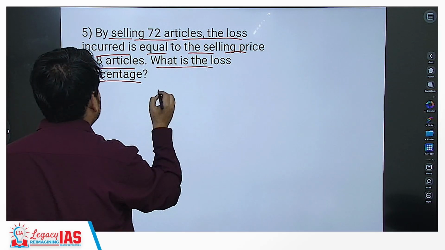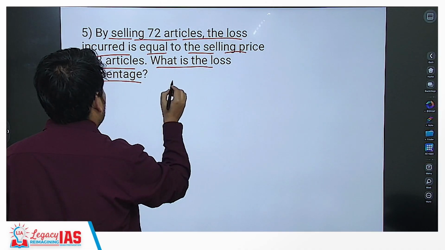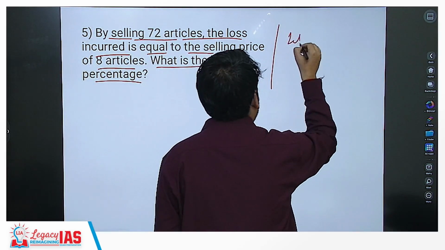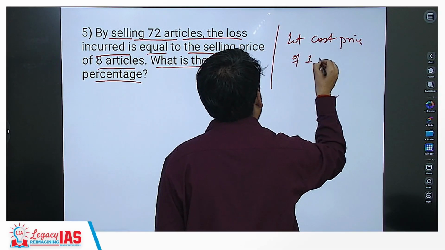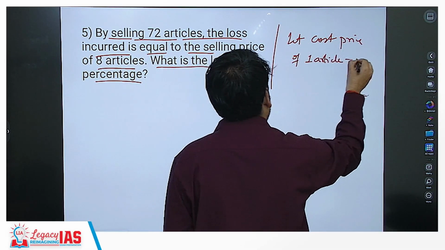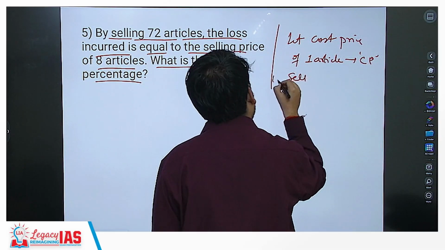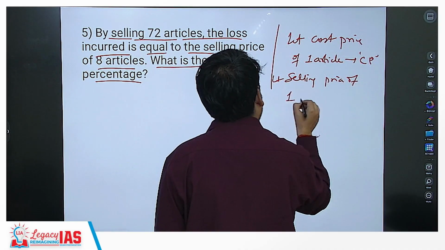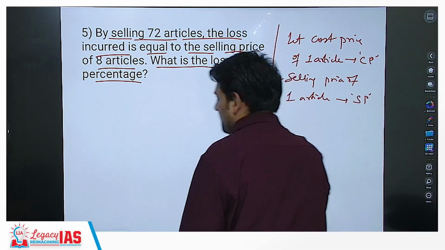Now, okay, some things would be same, like let cost price of one article is CP and let selling price of one article is SP. This will be same.